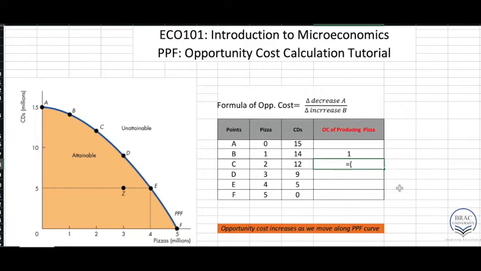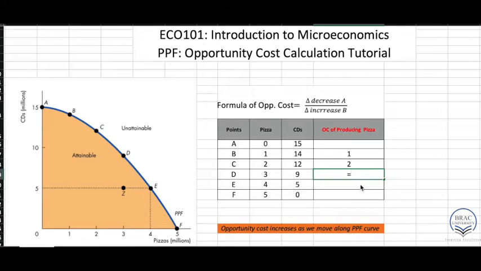This time, the numbers will be 14 minus 12 by 2 minus 1. And here you have the second opportunity cost.